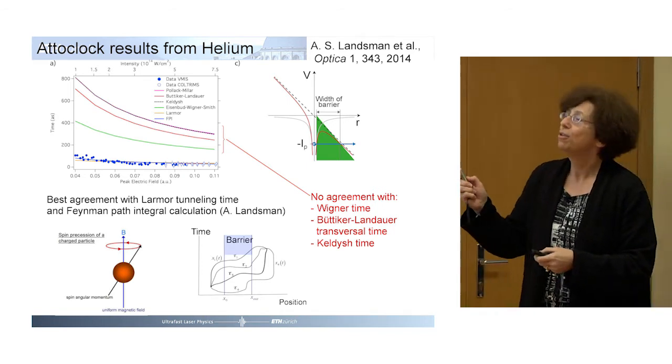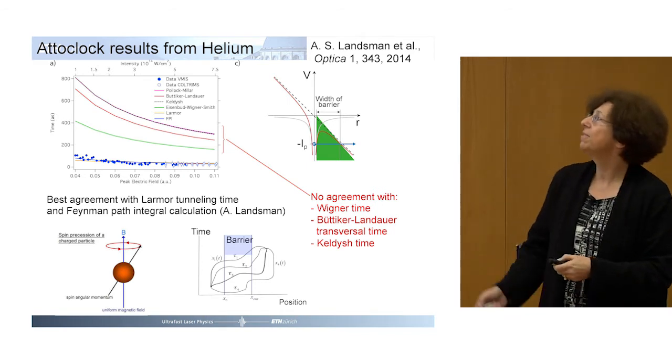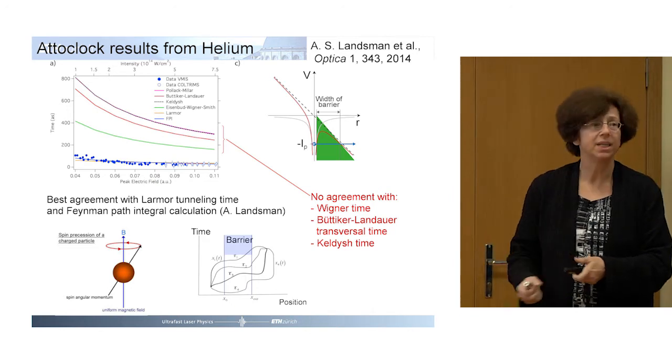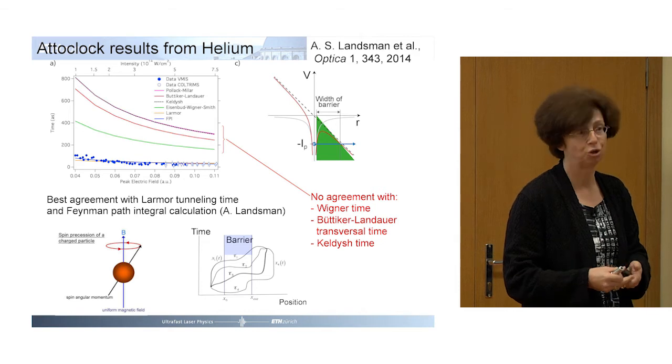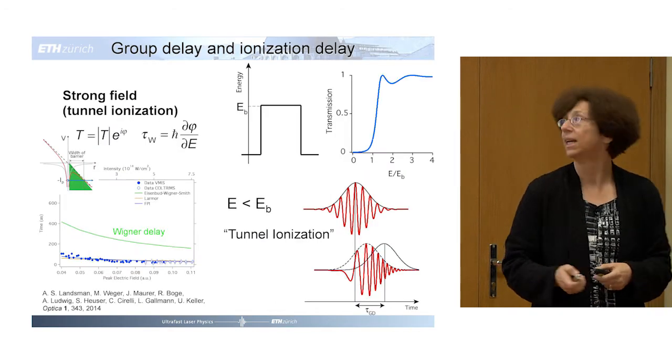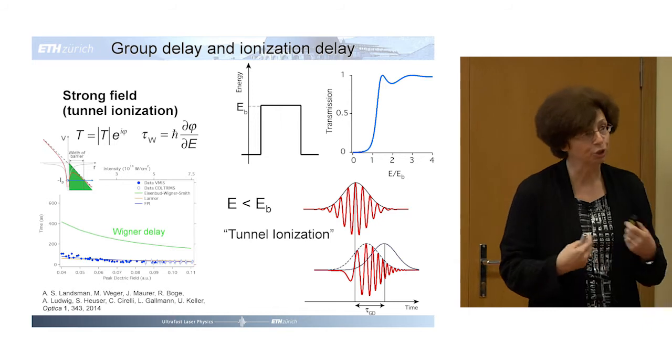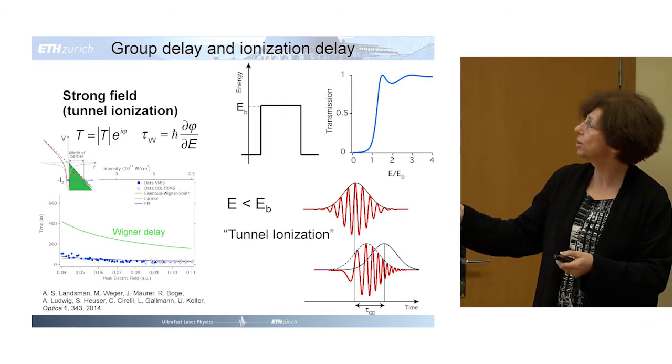Because you forget the phase. When we have an electron propagating, even in vacuum, it disperses. There's a chirp happening on the electron. If you take into account the chirp, you have a distribution of the frequency as a function of time.